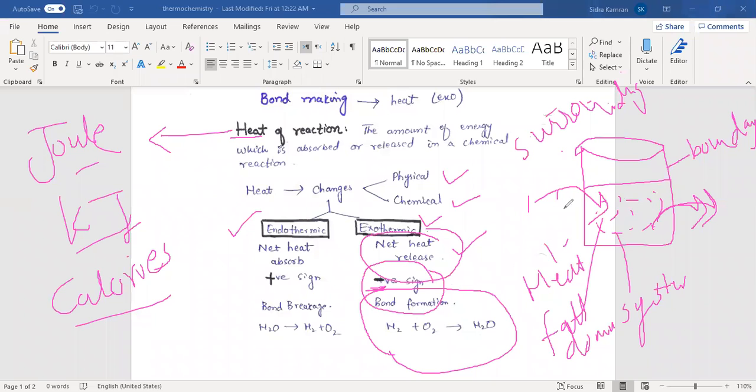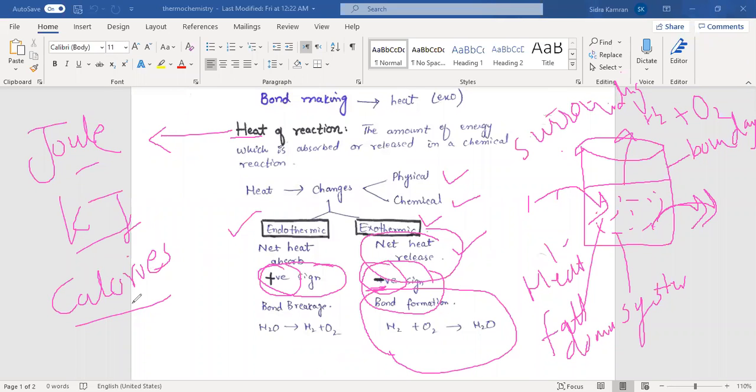These water molecules absorb energy to convert into hydrogen gas and oxygen gas. So if you want to break the bonds, you have to add energy to a system. That's why an endothermic reaction has a positive sign, because the net heat absorbed is positive, and in this the net heat release is negative.